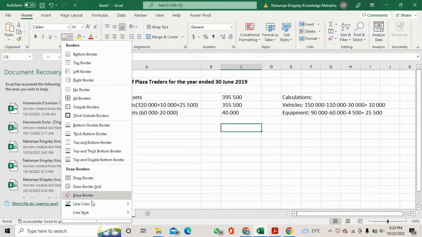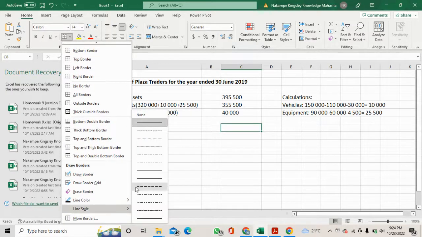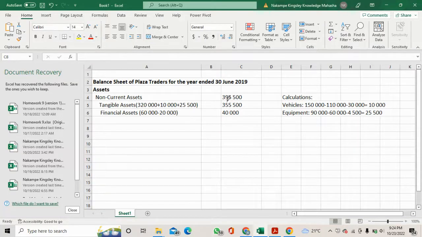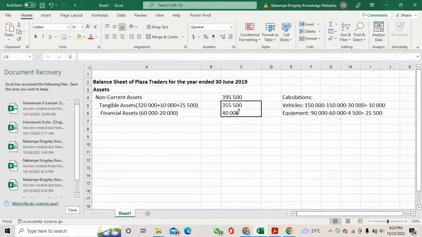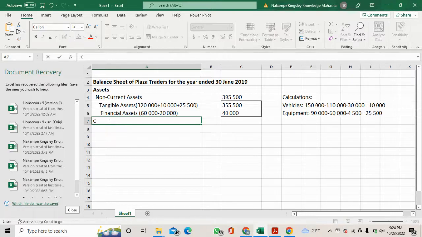So this is what we had to do, guys. I thought this question was very simple, I can say, it was straightforward. So when we're done, we now come to our current assets. These are those assets that cannot last for a period of more than 1 year, so more than 12 months, I can say.